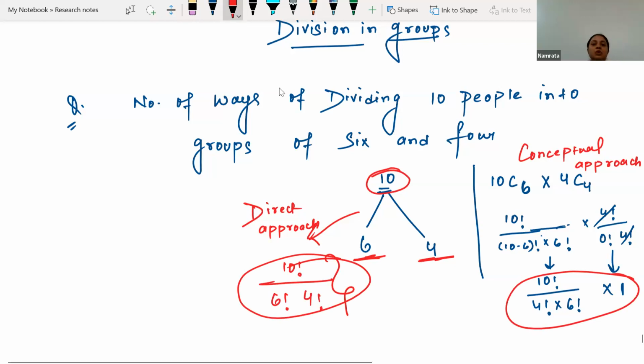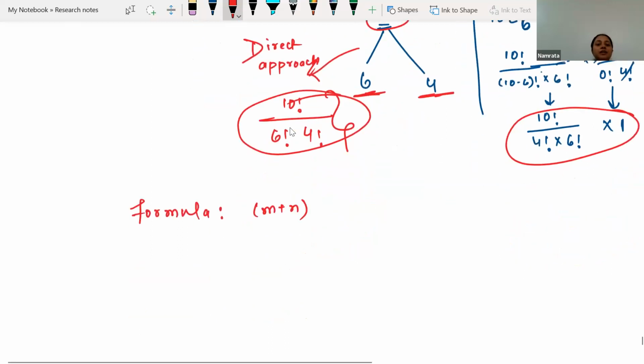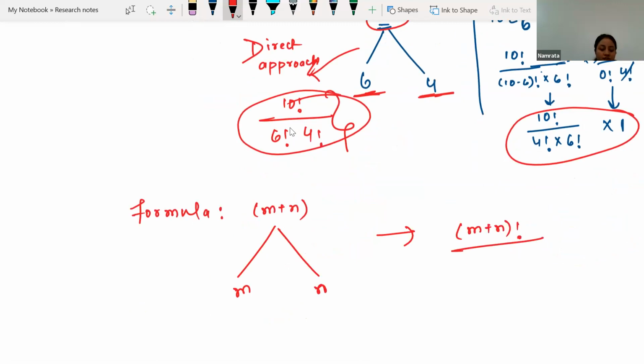Now here the formula says that whenever we have m plus n people in total, and we are dividing them into groups of m and n, different sizes, then directly we can find it as (m plus n) factorial divided by m factorial n factorial. This is what the formula says, and this is what we applied in the direct approach.